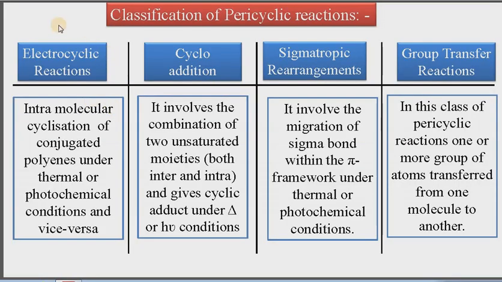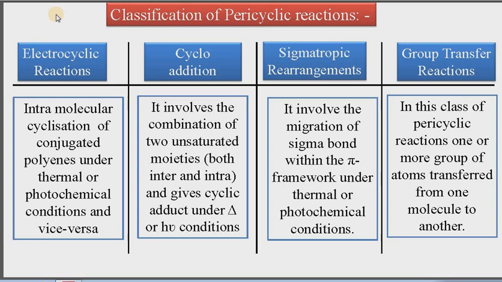Okay, next is classification of the pericyclic reactions. Pericyclic reactions can be classified into the following four major types. First is electrocyclic reactions. What are electrocyclic reactions?